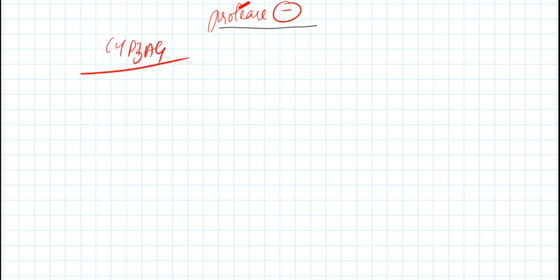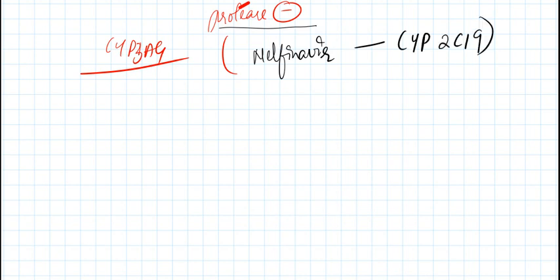That's the first important thing, remember. But there is a little bit of an exception. What is that exception? It is nelfinavir. Nelfinavir is metabolized by cytochrome P2C19.